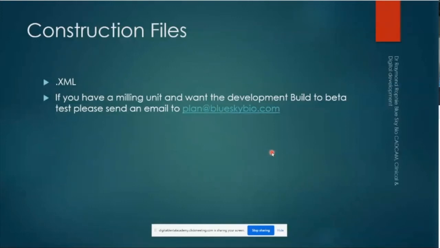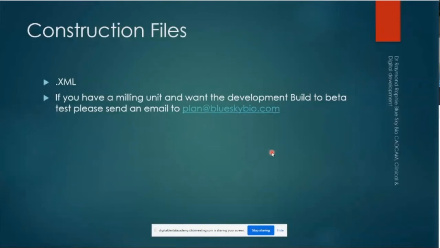For the people that don't know, Blue Sky Bio is free for download and will always remain free for download and for use, and you pay per export. Every time that you export an STL file of a surgical guide, for the ortho treatments, or a denture, we will be charging between $11 and $20, which is about 16 to 18 pounds, I think, per export.